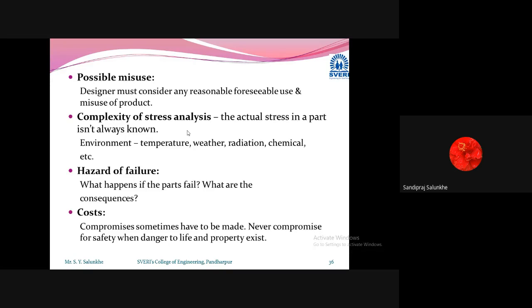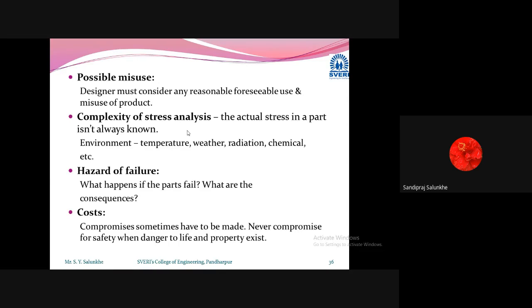Or again, someone living in Ladakh or Nepal, where the temperature doesn't go beyond 25 to 30 degrees Celsius. Whereas the same product is used by a person living in the desert of Rajasthan. So environmental conditions are also going to affect.